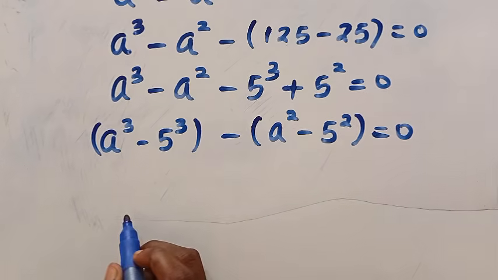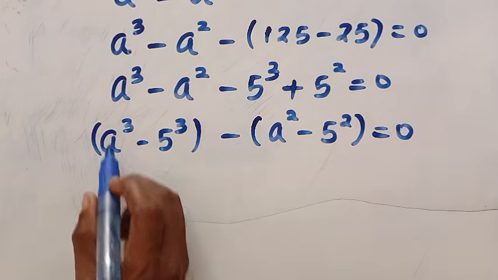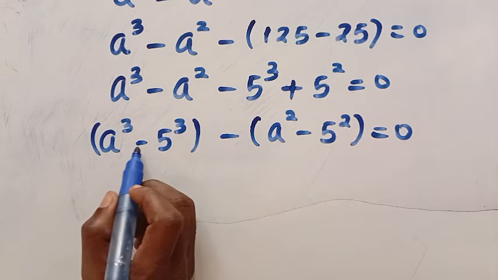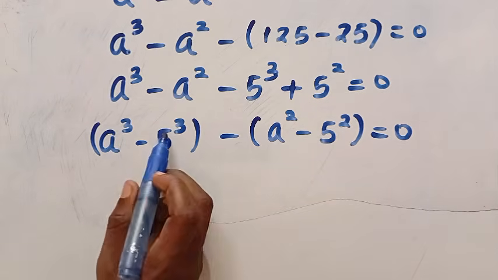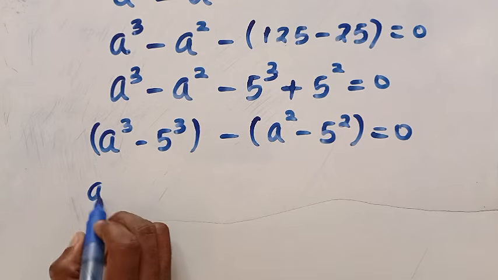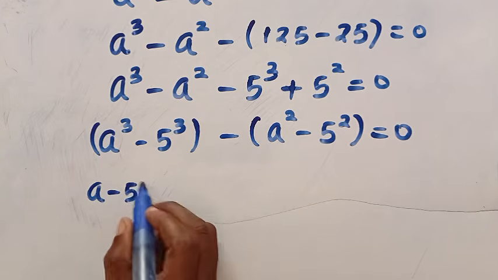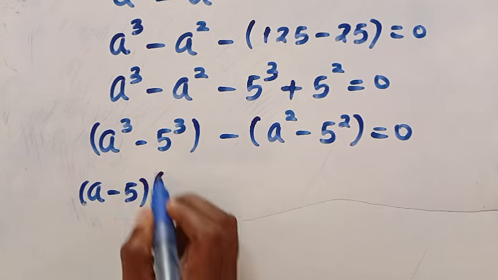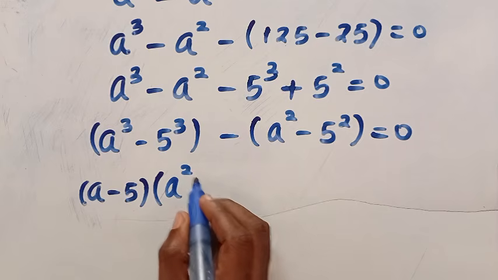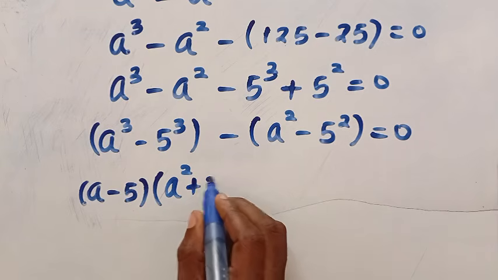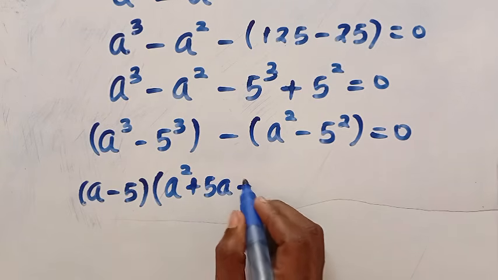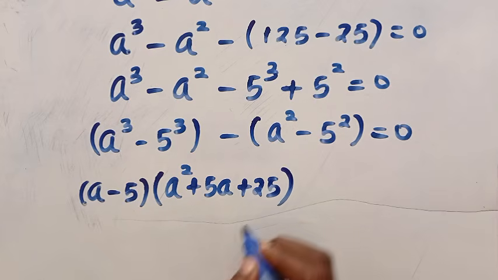We need a formula. The difference of 2 cubes, anytime we have negative like this and the power is 3, we use this, just subtract A minus 5, then open bracket, A squared plus 5A plus 25.